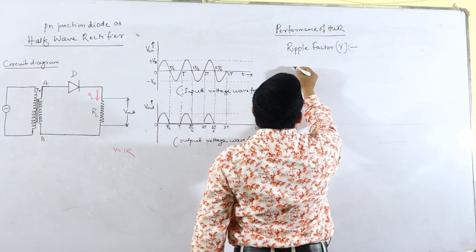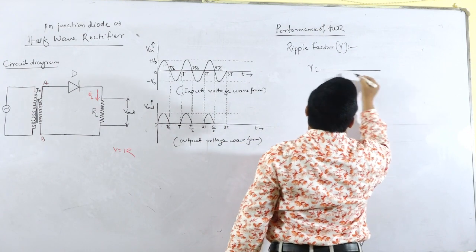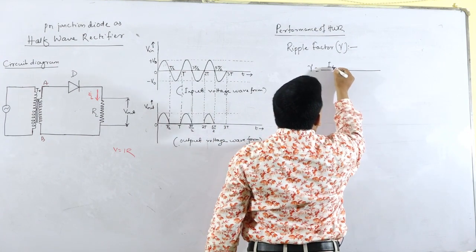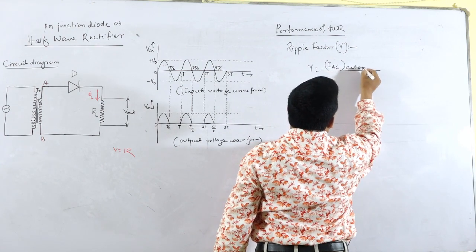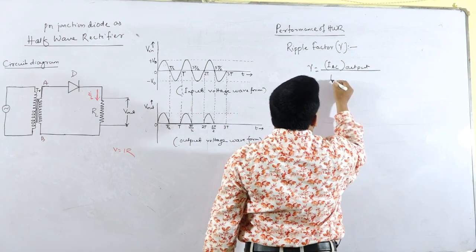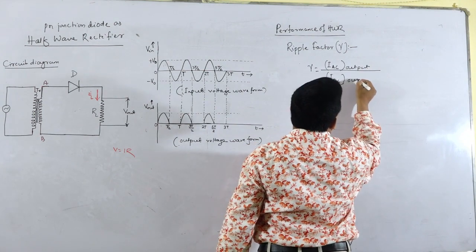As we have defined, ripple factor is the ratio between AC components at the output, so output AC components by output DC components.